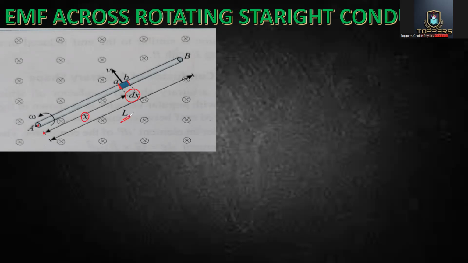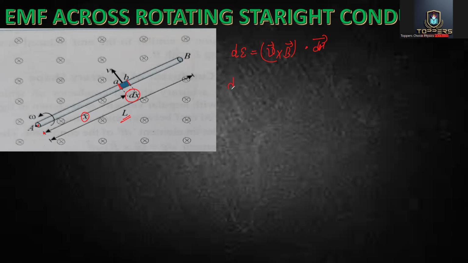So look here. If we are going to find its EMF, what will dE be? Right now we have seen E is equal to BVL, right? So it will be the magnetic field, the product of velocity and magnetic field, dot product with the distance taken from its center.